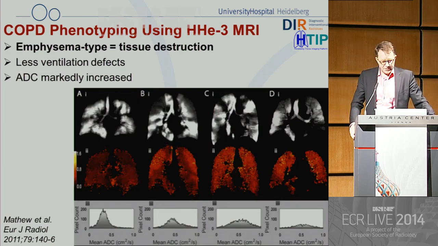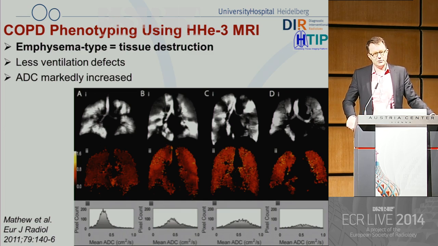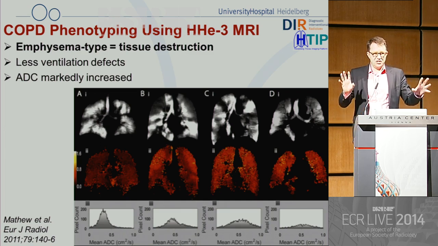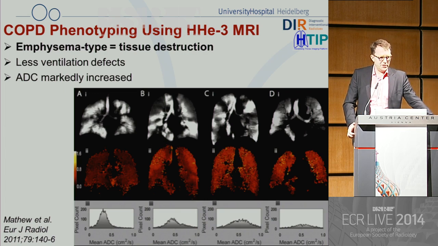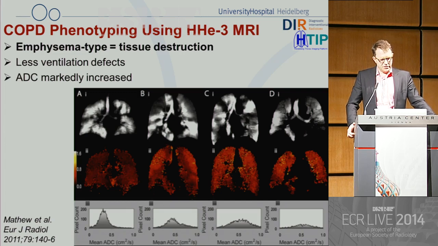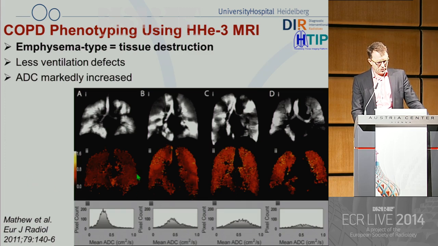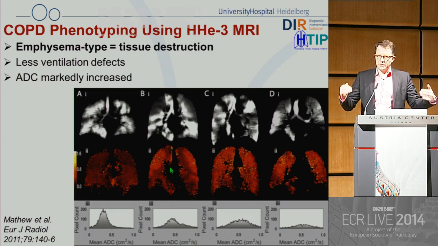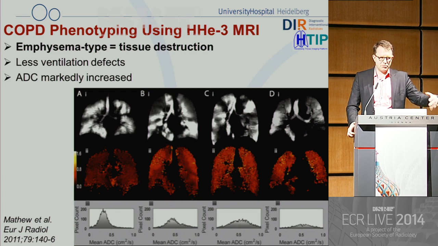To use a more complex approach, hyperpolarized helium-3 has been used to phenotype COPD. This alludes to what Nicolas Vesselati also demonstrated, that we can look for destruction type, emphysema type, where we have less ventilation defects, only a moderate amount of ventilation defects. But when you look at this map here, this is the apparent diffusion coefficient that provides a measure for the size of the alveolar spaces and the peripheral airways.